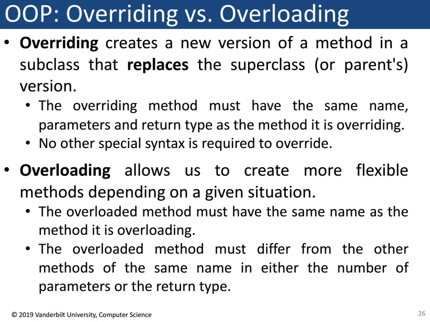Java would still be able to use the return type to tell the difference between which of the methods we intended to call, and would therefore be able to correctly overload that method. So to be able to overload a method, or to have two or more methods with the same name, we must have either a different number of parameters, a different type involved with the parameters, or a different return type.